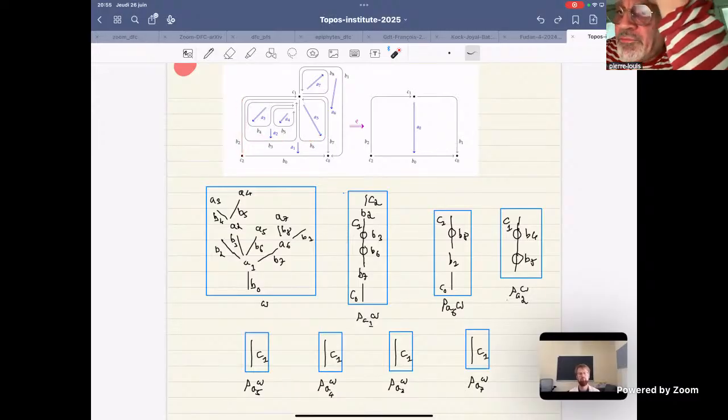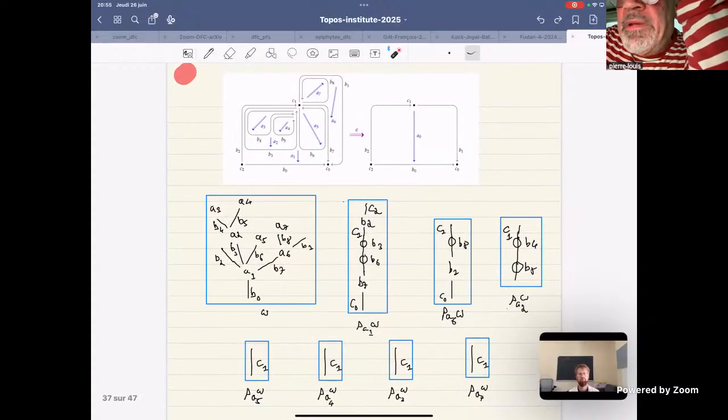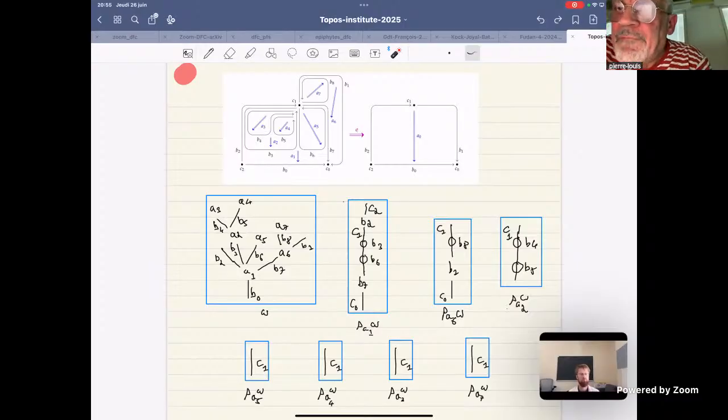So it would be a tree with 4 nodes, like here, 1, 2, 3, 4. But you will probably agree that B3 and B6 here are a bit special because they are loops. Okay, they are physically loops.